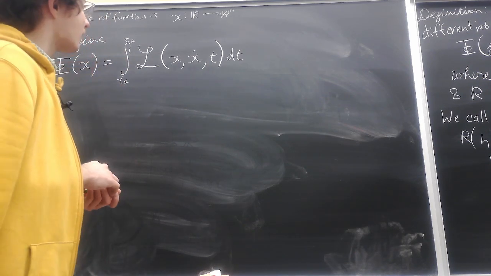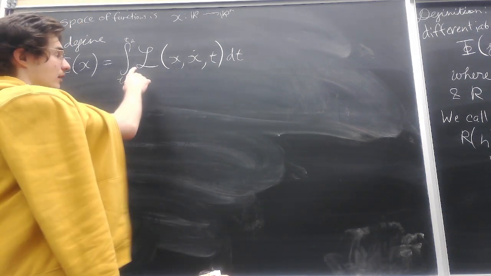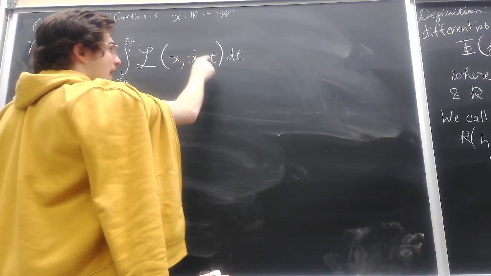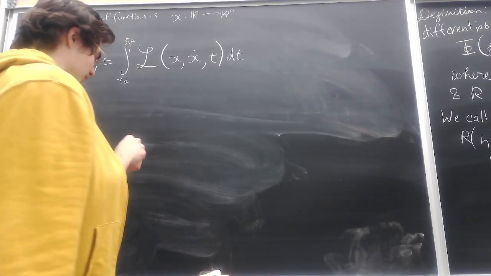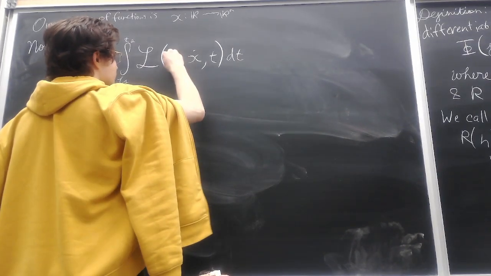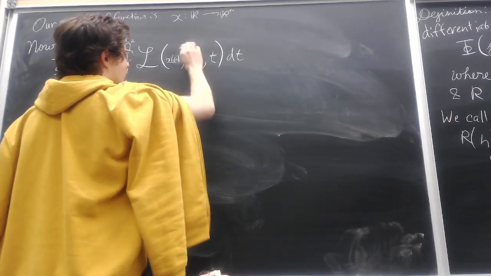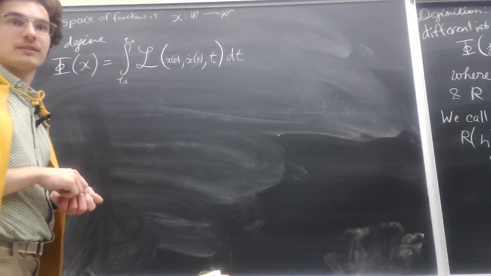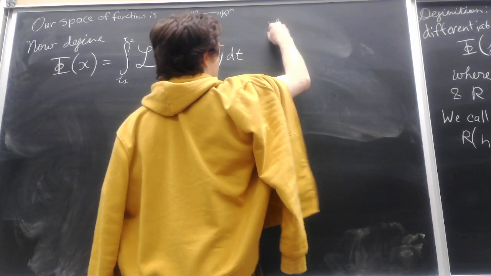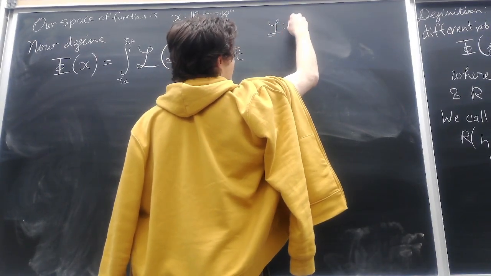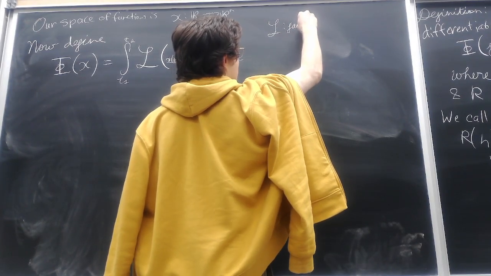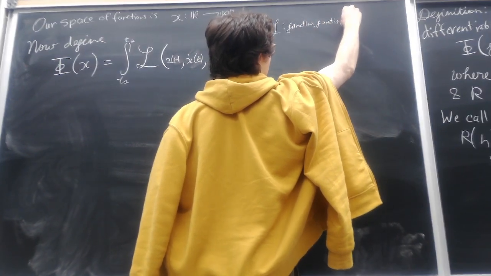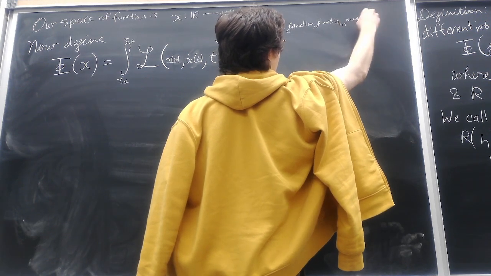And now I'm saying let's plug into L x of t, the derivative of x, and then t. L itself takes in as input a vector, another vector, and some number, and it outputs a number.